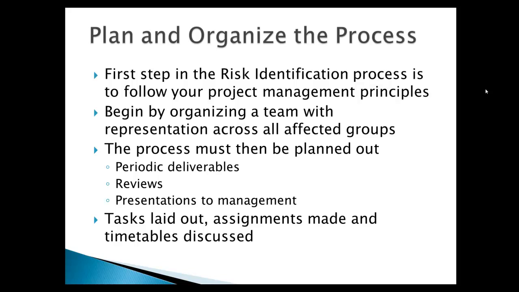It should be a very planned process. It should have deadlines and deliverables, and it should be a very comprehensive, well-measured process to ensure that it is effective and thorough.